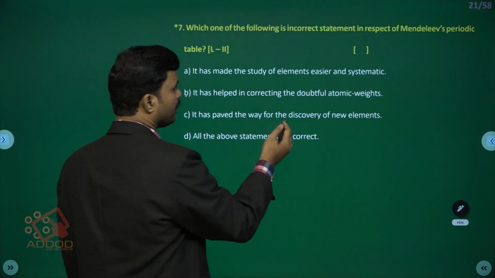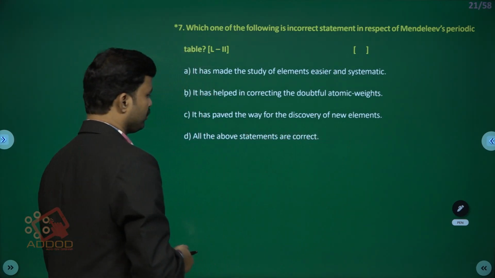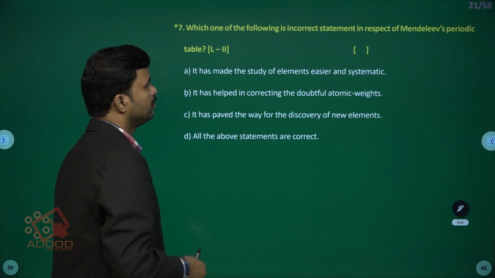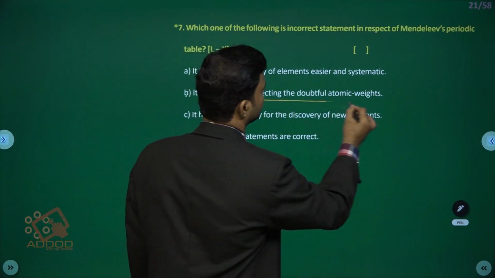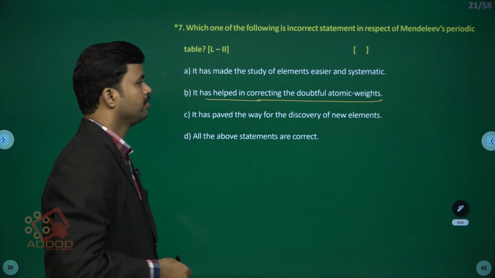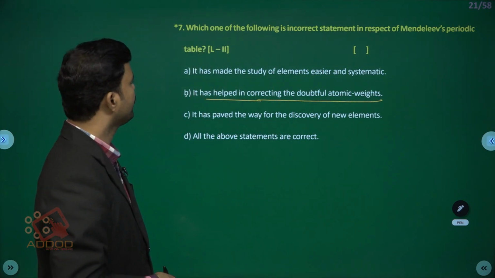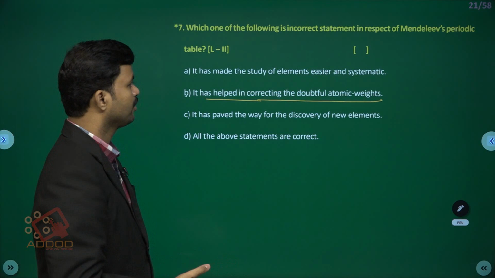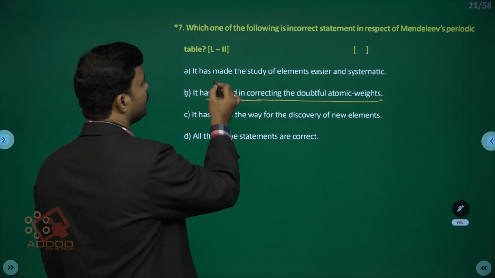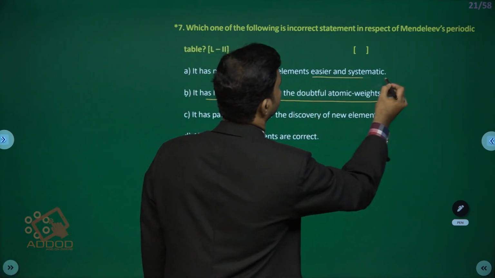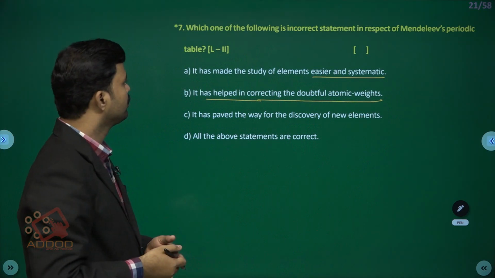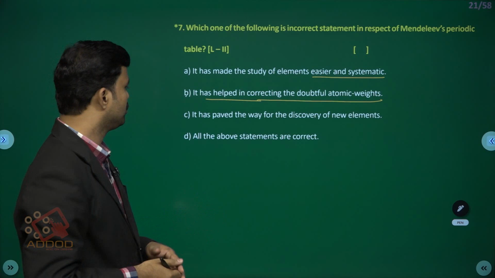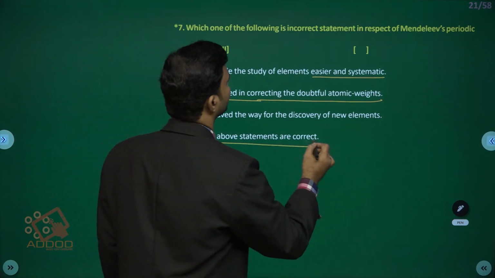It has paved the way for the discovery of new elements. All the above statements are correct. It has made the study of elements easier and systematic, to some extent. So all statements are correct only.